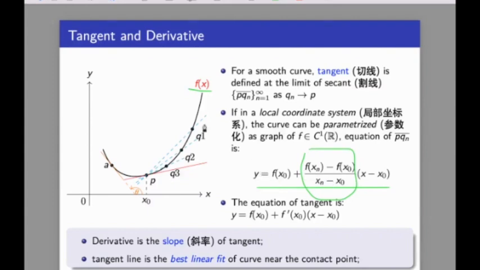When Qn approaches P, the slope will converge to the derivative of f at x0. So the geometric meaning of derivative is the slope of the tangent line, and it can be shown that the tangent line is the best linear fit of the curve near P.